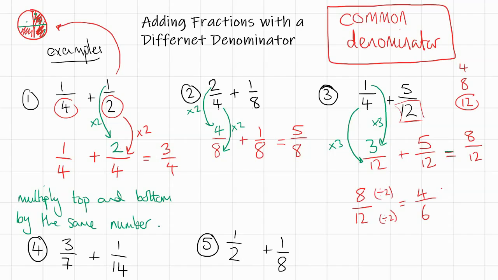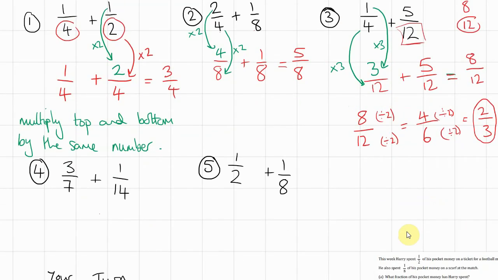They're both even numbers again. I can do it again. Let's divide by 2 again. And this will be 2, 3. So actually, we could say the answer is 8/12. We could also, if we want to be a little bit better, say the answer is 2/3. I know you had a question like that on your ED quiz where it said write in the simplest form.